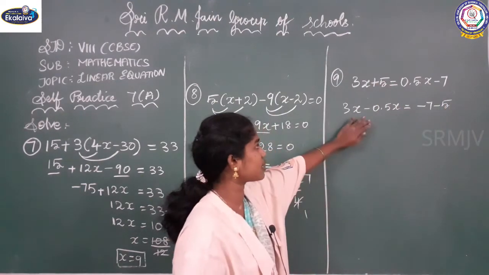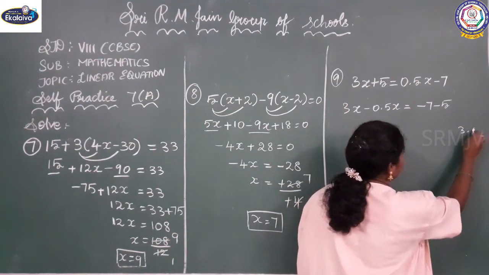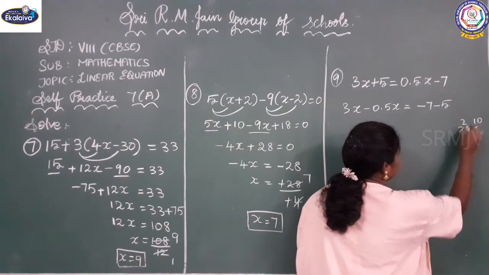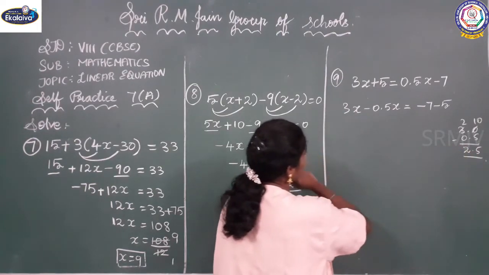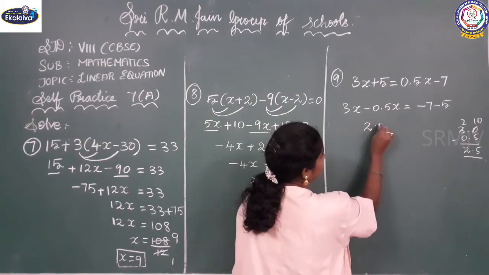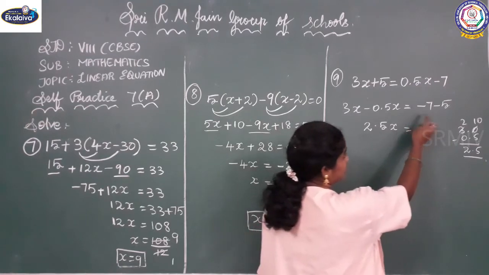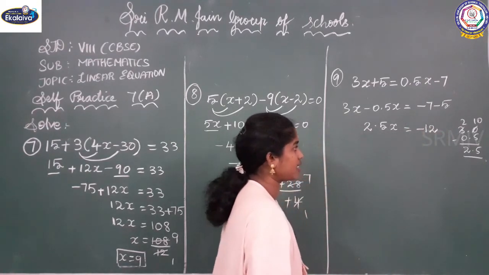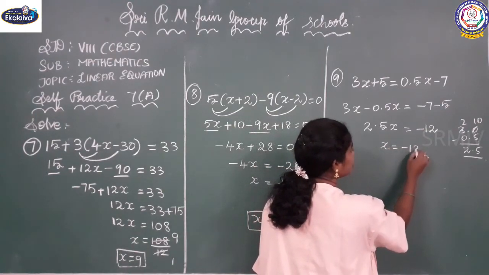I want to subtract 3 and 0.5. So when I subtract, what I will get, children, is 2.5x is equal to minus 7 minus 5, minus 12.